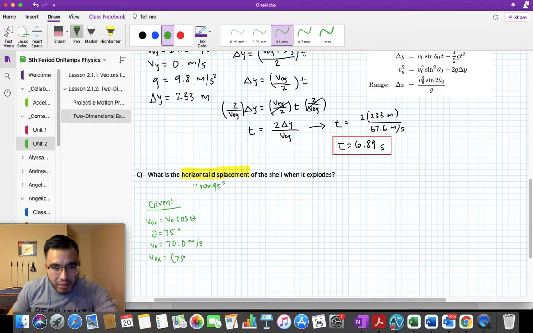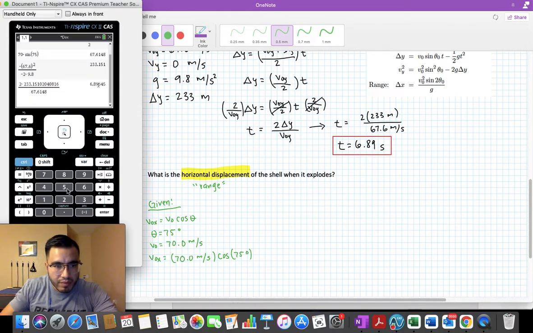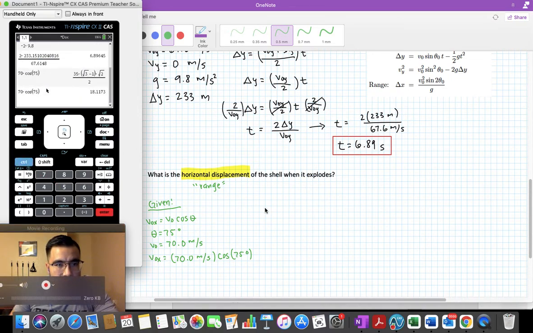As you can see, it is almost identical to the velocity along the y. How we find it, we just change the function. Cosine of 75 degrees. So that is 70 times the cosine of 75, 18.11 or 0.12.